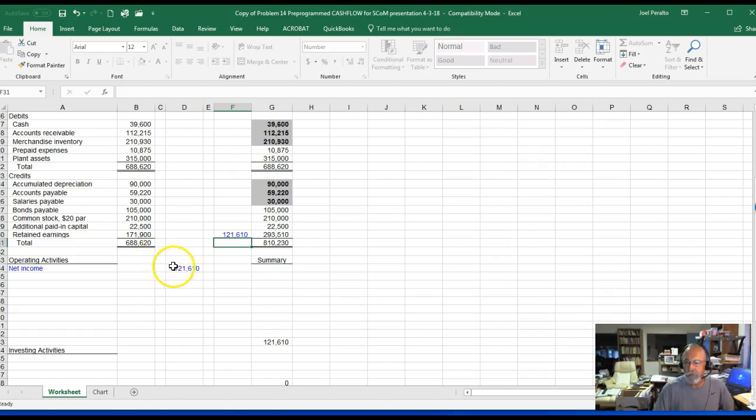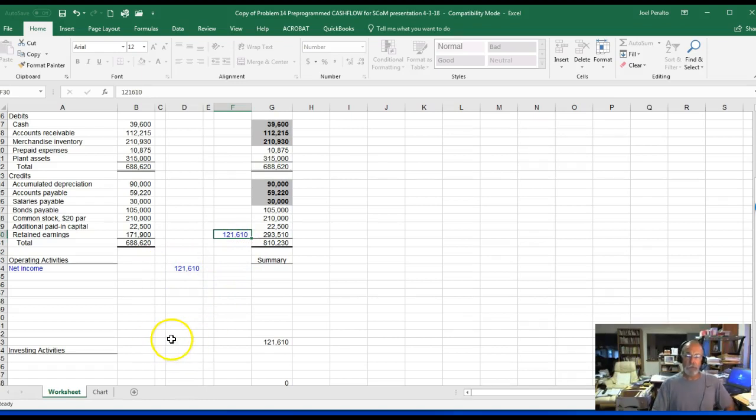And then the third step of closing is to close income summary. And if our revenues exceed our expenses, that means we have a credit balance in income summary. And so to close income summary, we would debit income summary and credit retained earnings.